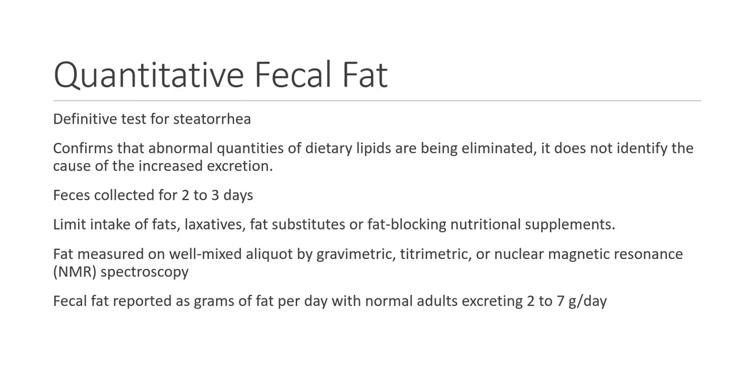And the patient is told to limit their intake of fats, laxatives, fat substitutes, or fat-blocking nutritional supplements. The fat is measured on a well-mixed aliquot by gravimetric, titrometric, or nuclear magnetic resonance spectroscopy, and then the fecal fat is reported out as grams of fat per day, with the normal value in adults being 2 to 7 grams per day.